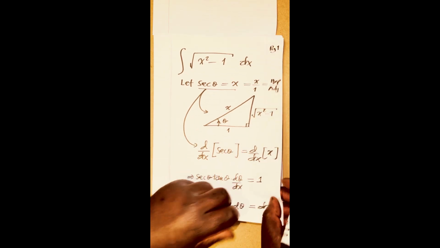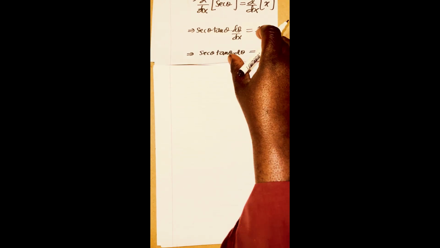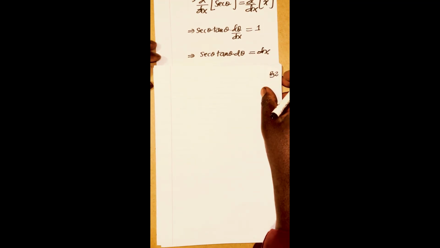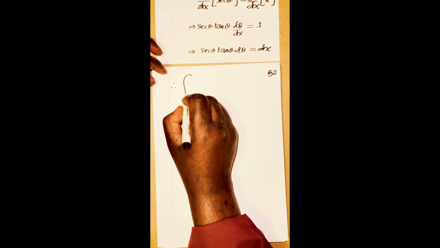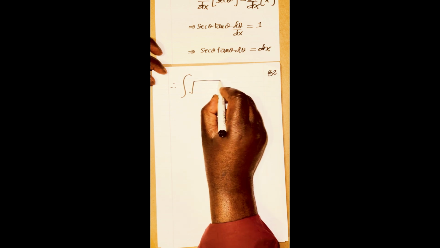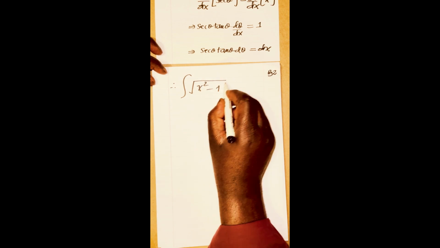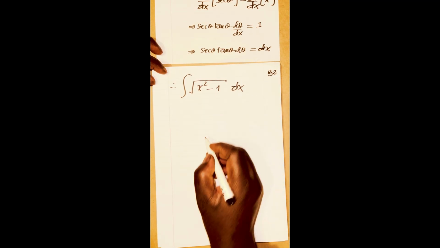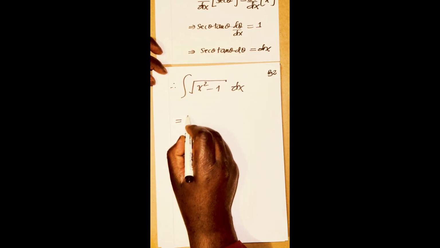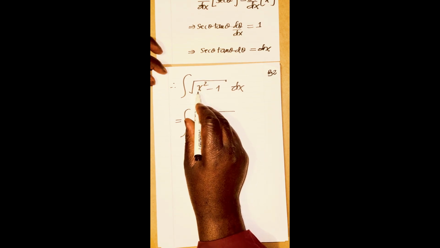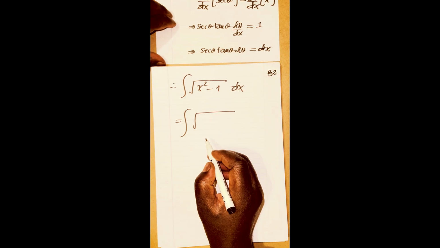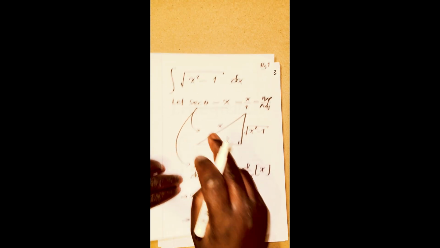Page 2, we are now saying that the integral of the square root of x squared minus 1 dx is equal to the integral of the square root of, remember instead of x I'm going to put sec, because x equals sec theta.